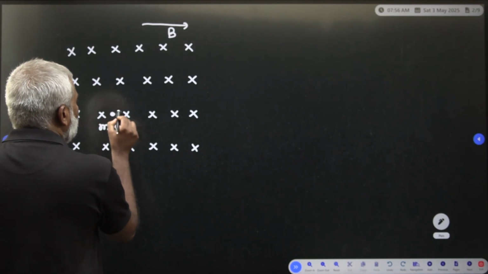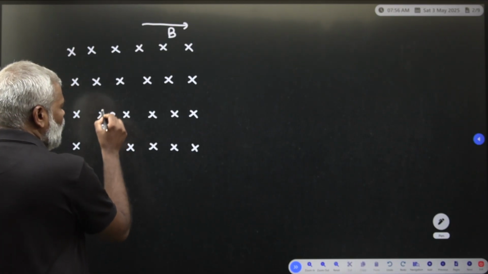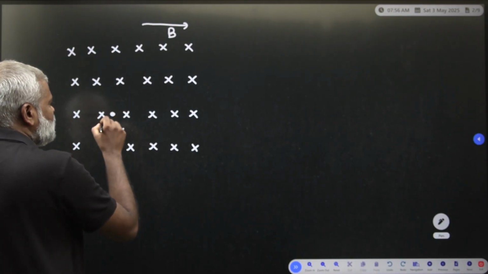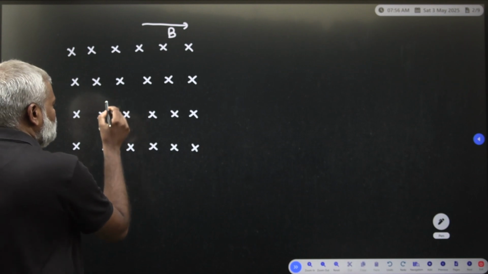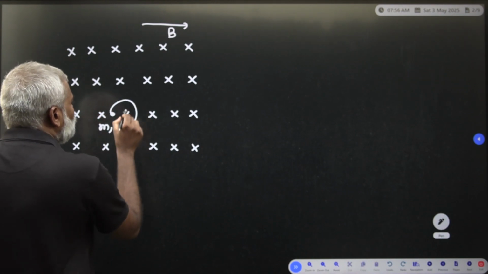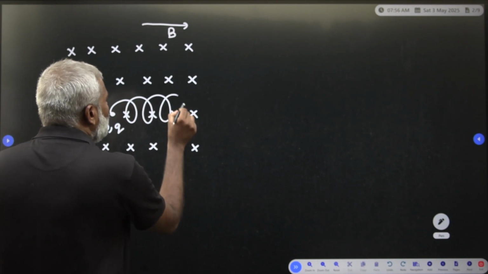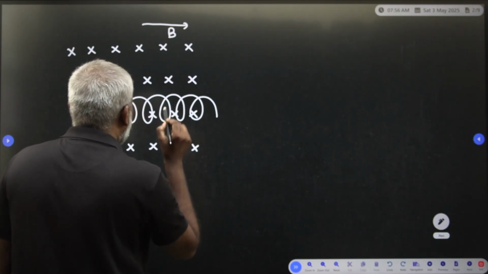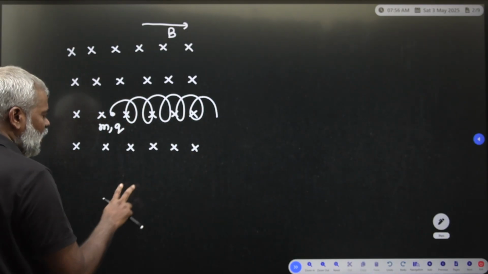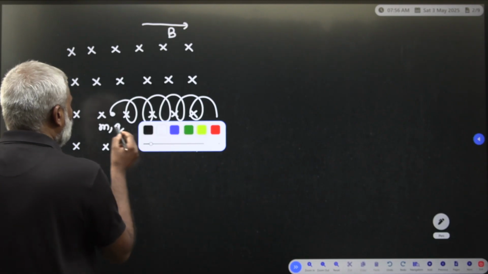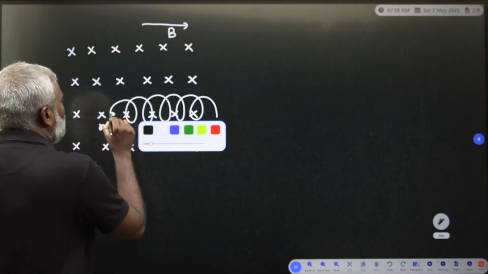The charged particle is moving in the presence of the magnetic field. In which path is it moving? It is moving in a helical path. Now, you have to resolve the velocity of the charged particle.